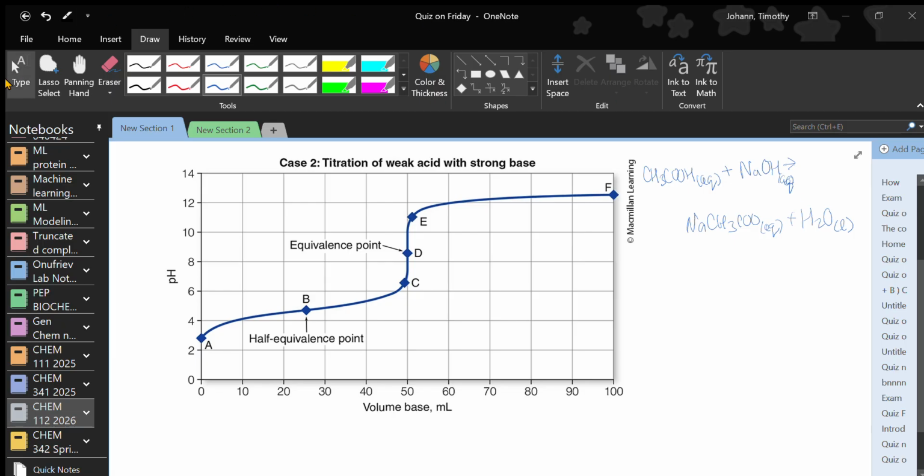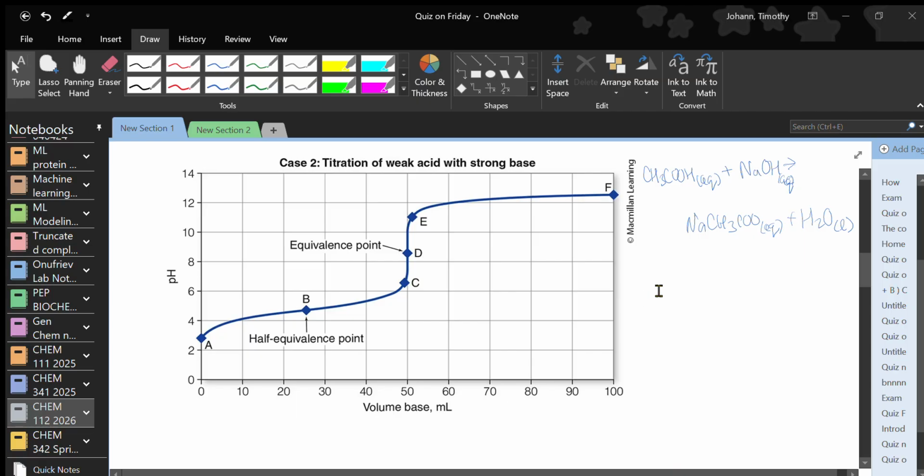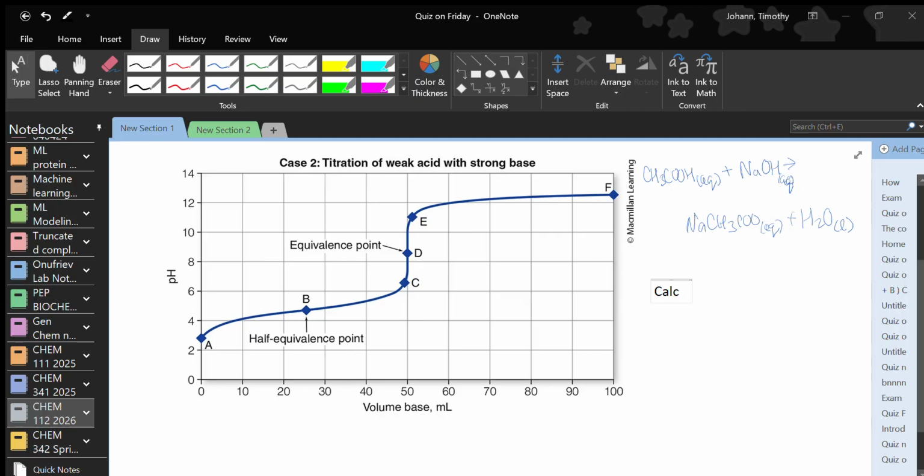Now I'm going to go ahead and write a problem for this. Calculate the concentration of acetic acid. What do you guys want to do? 40 milliliters?